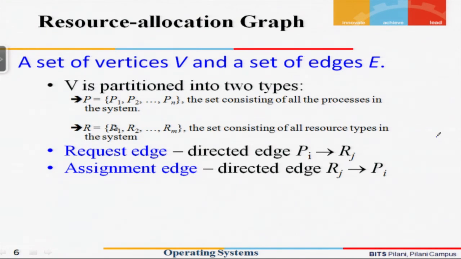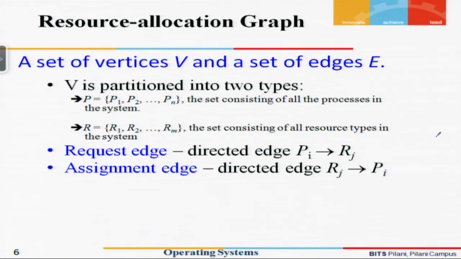Similarly we have 2 different kinds of edges, because it is a graph. A graph in general has vertices and edges, and here again we classify the edges into 2 categories. One is a request edge.